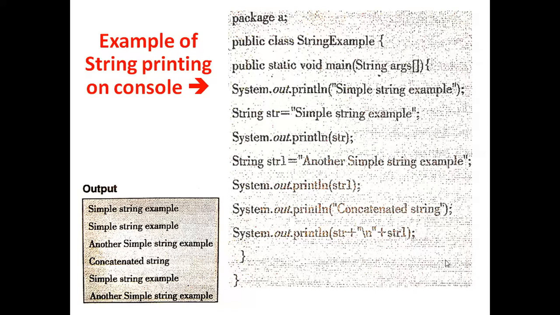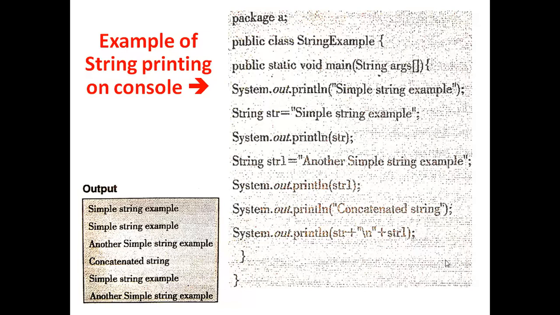Now this simple string example is a string, and this string is stored in str. Therefore string is a data type having a variable name as str. In this str we have stored the simple string example.